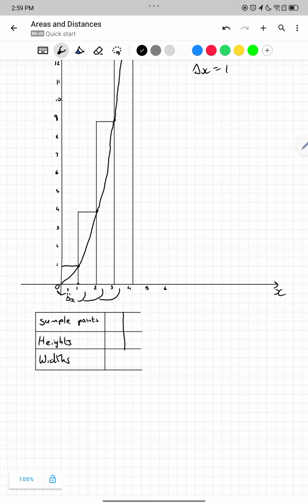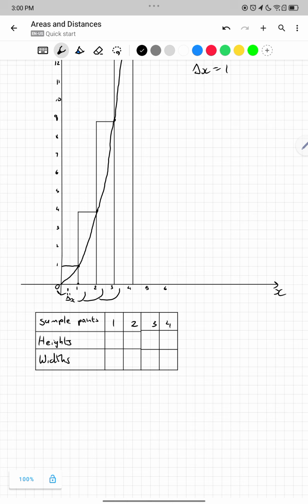So my sample points in this case, right endpoints, are 1, 2, 3, and 4.